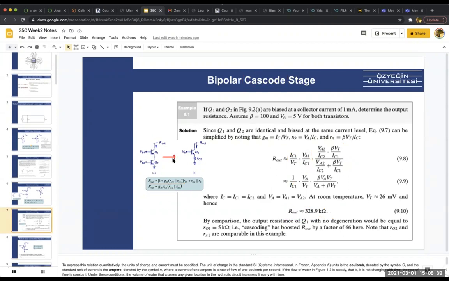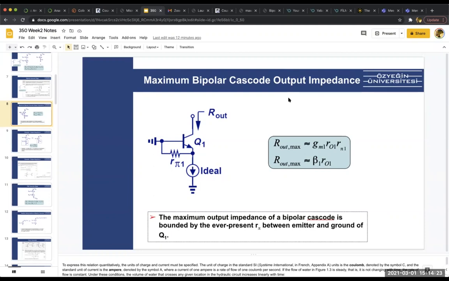This can also be seen as one transistor, as you can see here attached, and you can just write the equivalent resistance you see here. This resistance is simply written as RO2 because you see an RO2 here, and you can do a small signal analysis and you'll see that the equivalent representation will be this circuit.